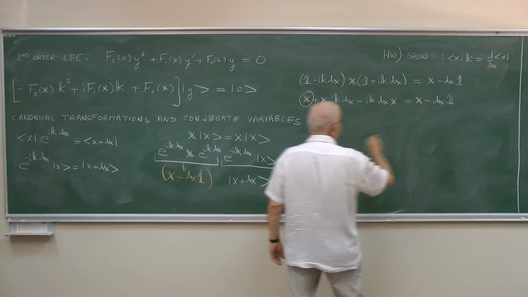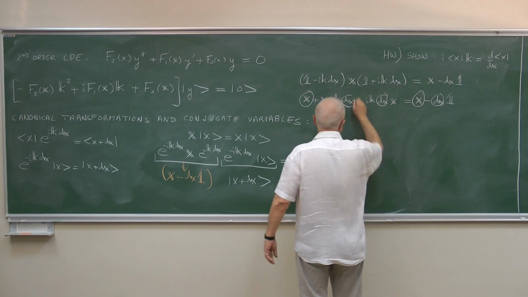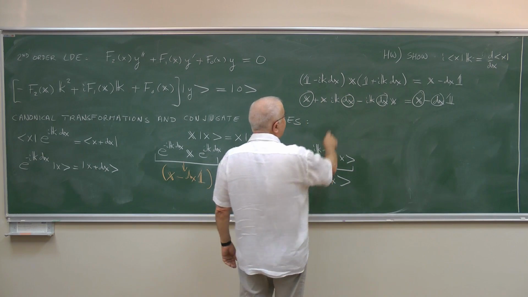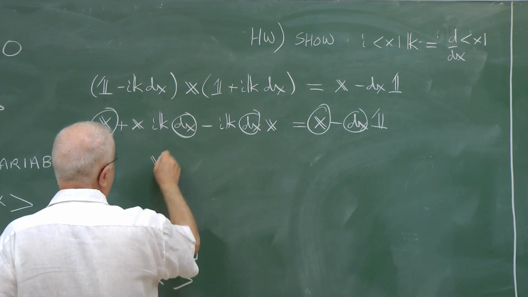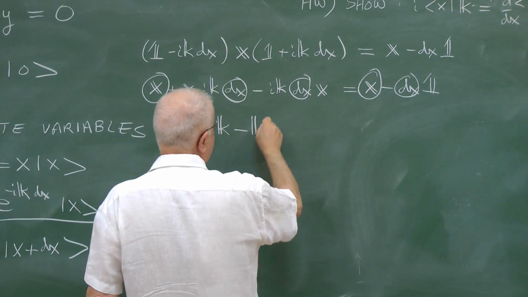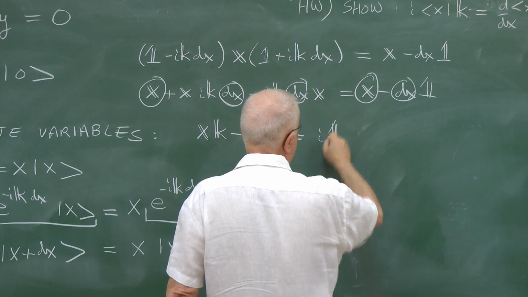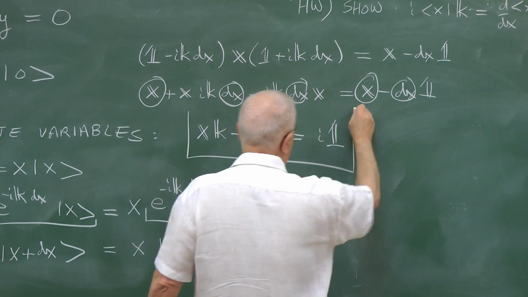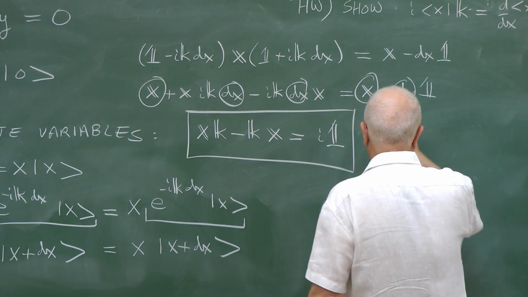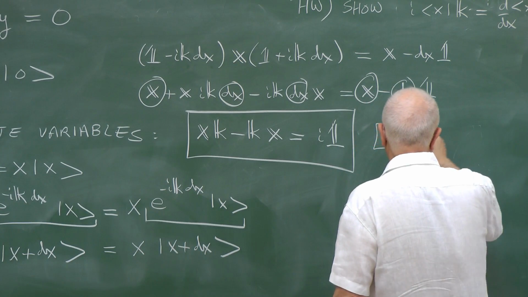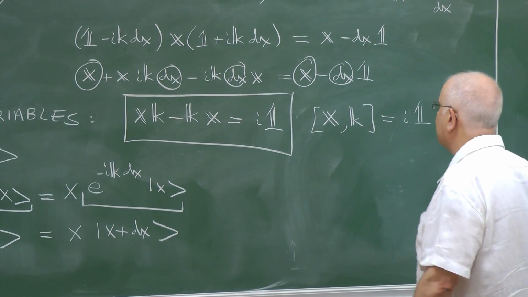Let's make the necessary cancellations. I can cancel the dx's. Then I can take this I to the other side as minus I. So I'll have xk minus kx equals I times identity. This is a very important relationship. Better notation would be using a commutator bracket, I identity.